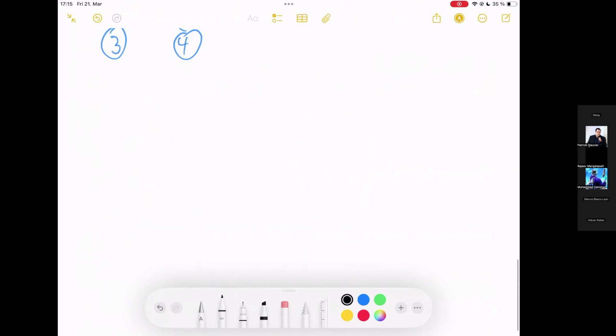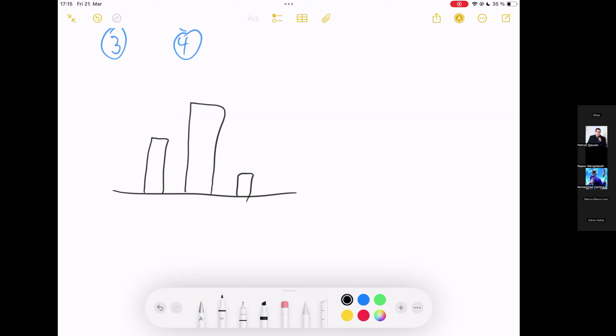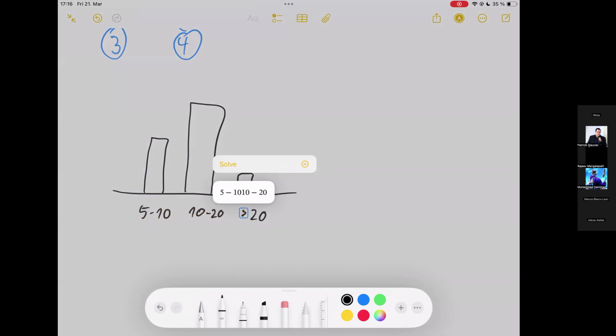So one student asked what's a function plot. A bar chart would be something like this, say you have some counts of something, like maybe some age groups, like people who are 5 to 10, 10 to 20, or greater than 20, and you would have a count here.